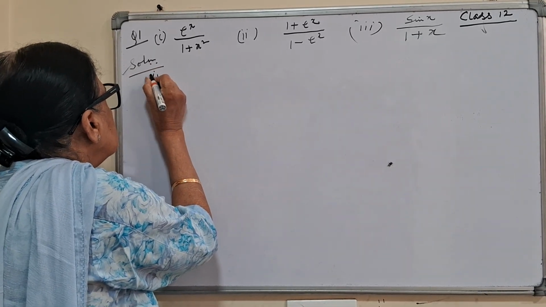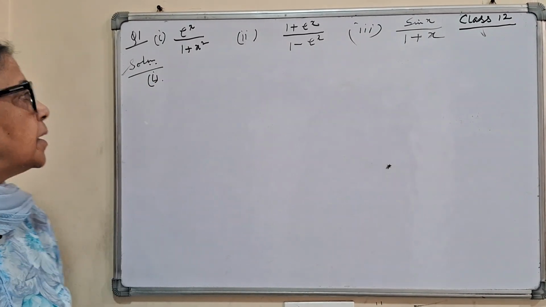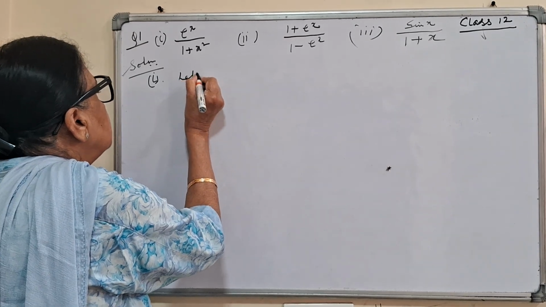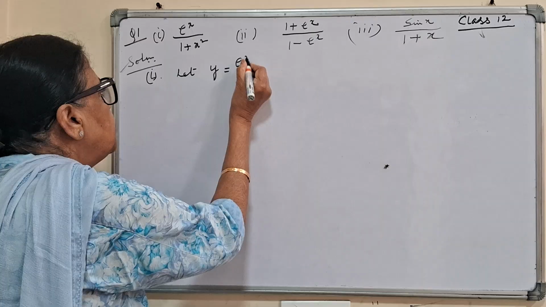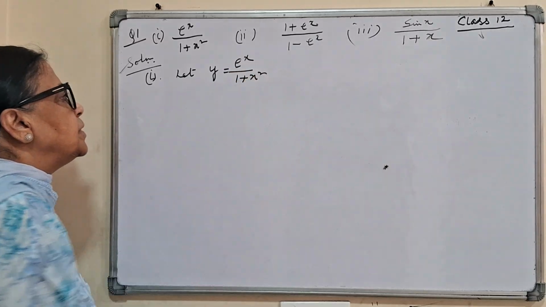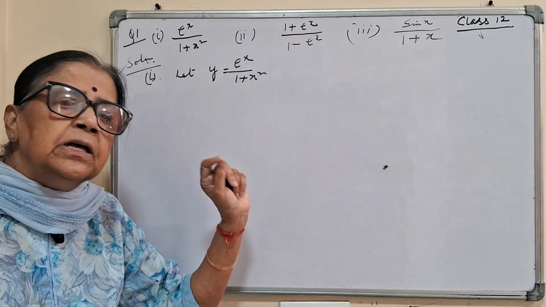Solution of the first part. Let y be equal to e raised to the power x upon 1 plus x square. This is the numerator and this is the denominator, so we will apply the quotient rule.